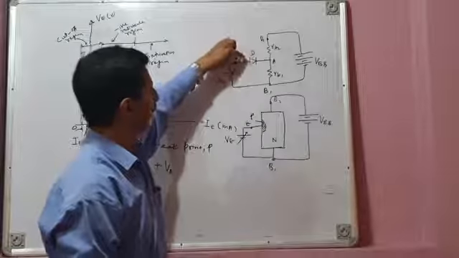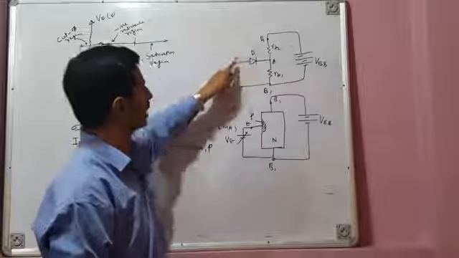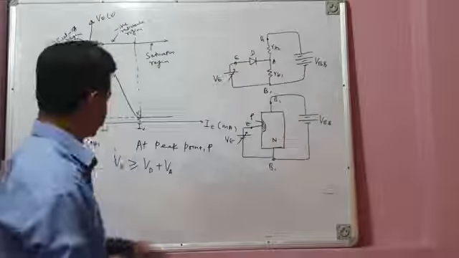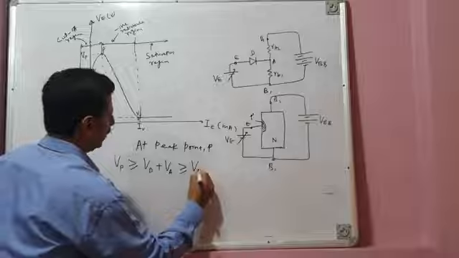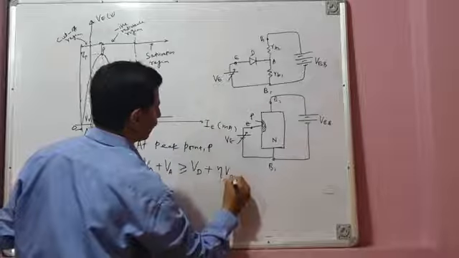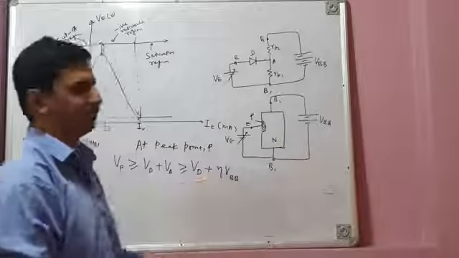That is, anode becomes positive. Anode potential is more than cathode potential, and this PN junction is forward biased and conduction starts. So I can write V more than Vd plus Va. What is Va, by the way? Va is eta VBB. Eta is intrinsic standoff ratio. It is RB1 divided by RB1 plus RB2.